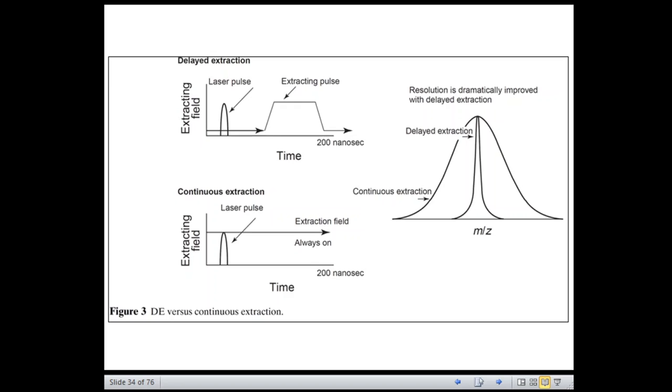So there is a time gap. If you carefully observe the two figures, the delayed extraction figure and the continuous extraction figure, you can see the laser pulse, and then you can see the extraction phase, which is delayed by about 150 nanoseconds.